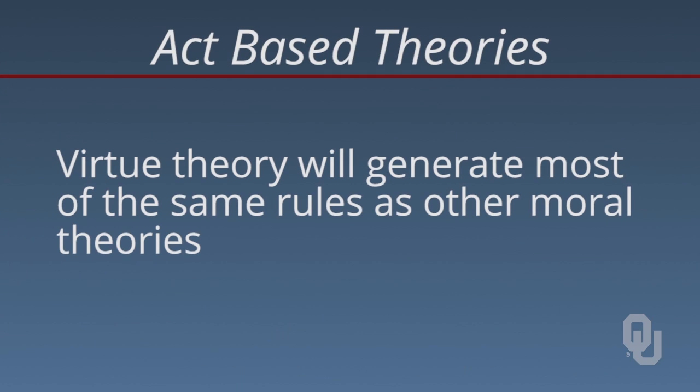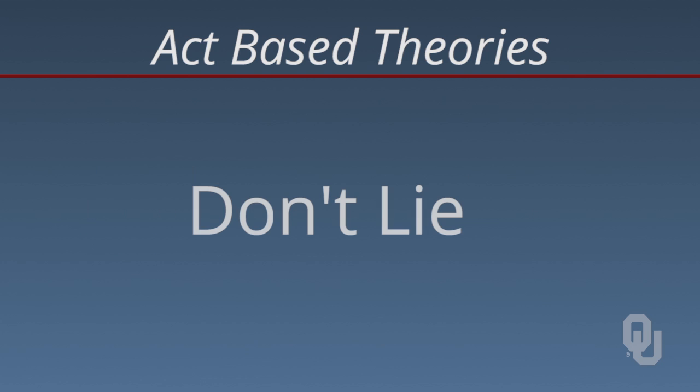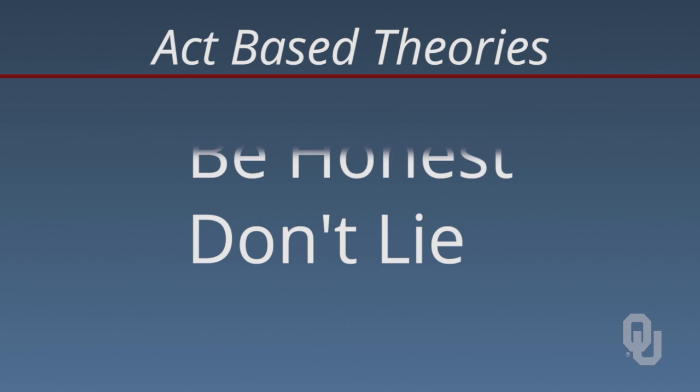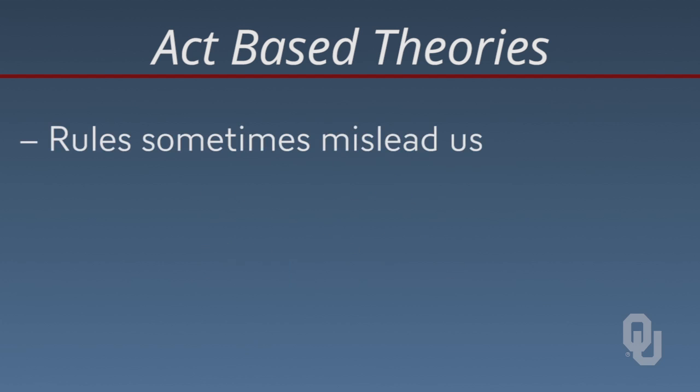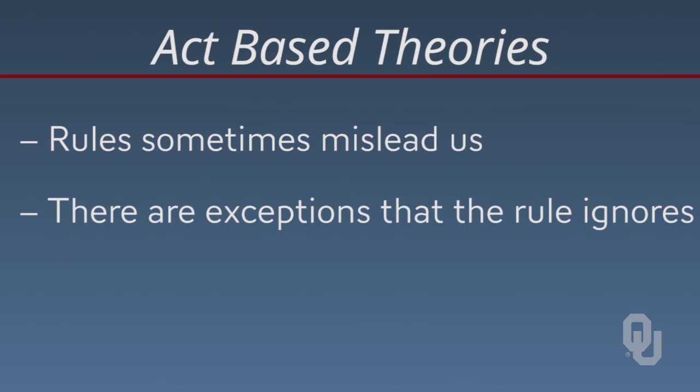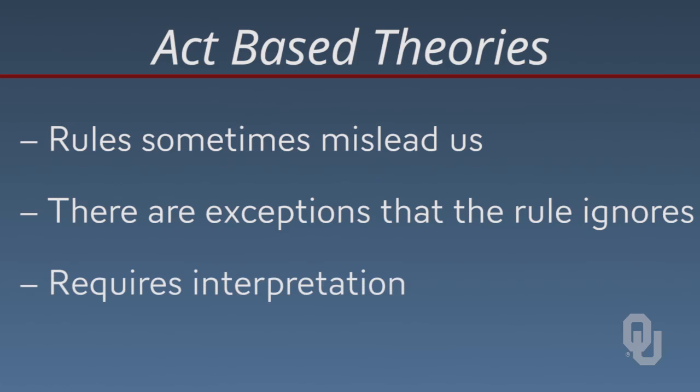One is that a virtue theory will generate most of the same rules as other moral theories. For instance, a rule like don't lie follows from the virtue rule that says be honest. But more importantly, rules sometimes mislead us because either there are exceptions that the rule ignores, or the rule requires interpretation that makes it hard to apply.